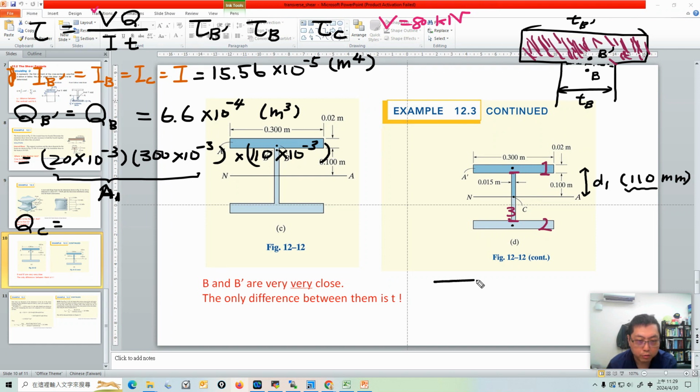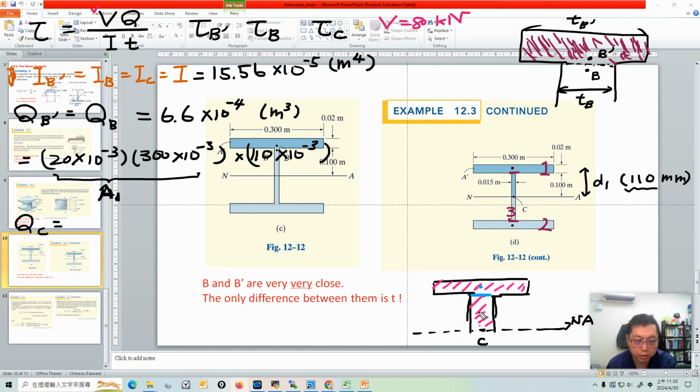Maybe I should try to draw this again. Right now our neutral axis is here and C is here. So we just compute everything above C. Here we can divide it into these two shapes.